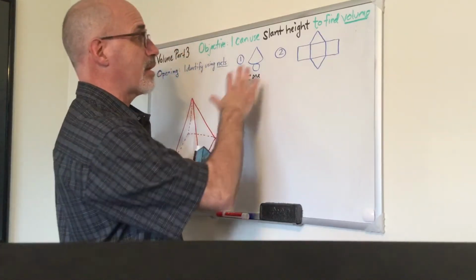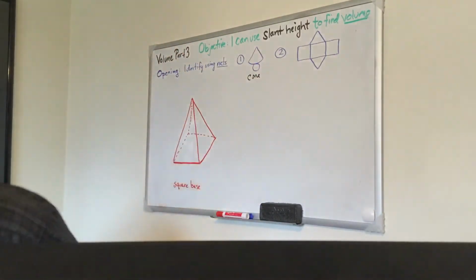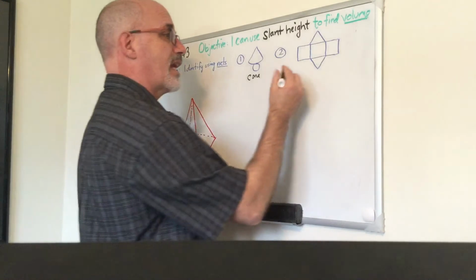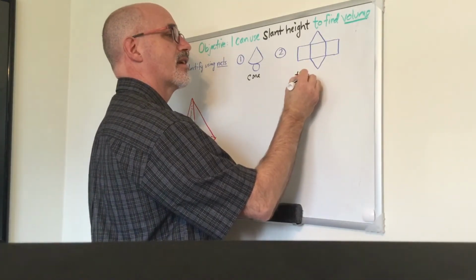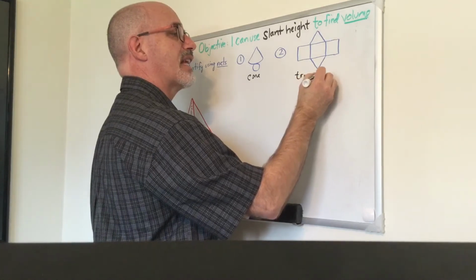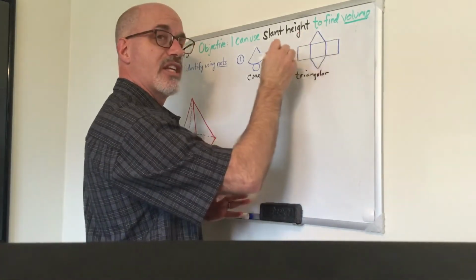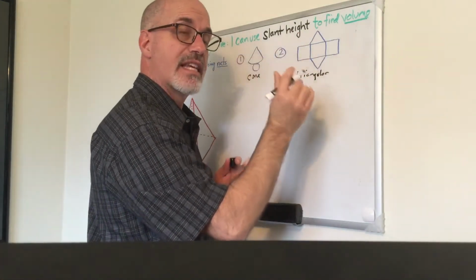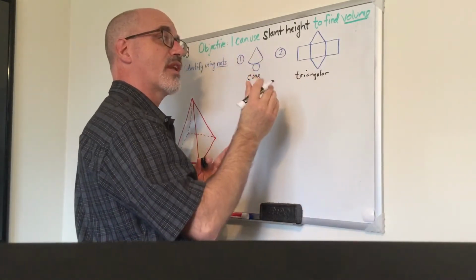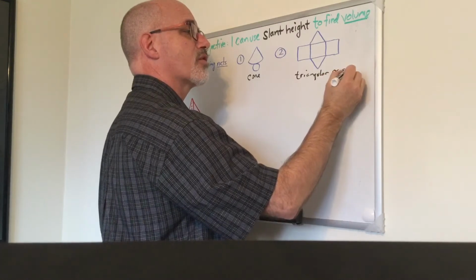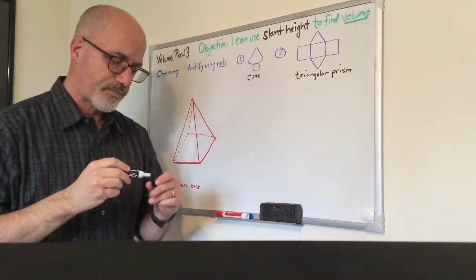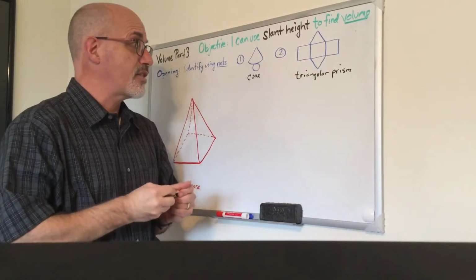What's nice about these is you could find the surface area by finding the area of each figure in the net, and before you fold it up, you'd have the surface area. But that's going to be a future lesson when we talk about surface area. That's how you'd use nets to do that.